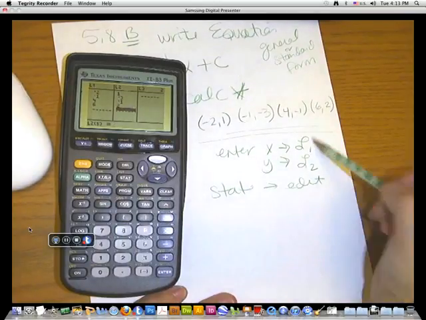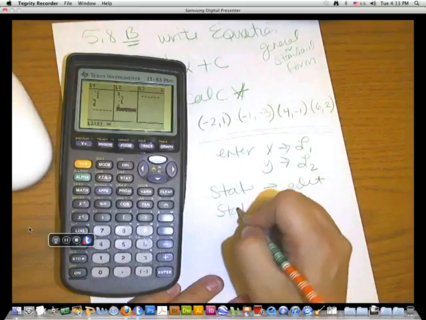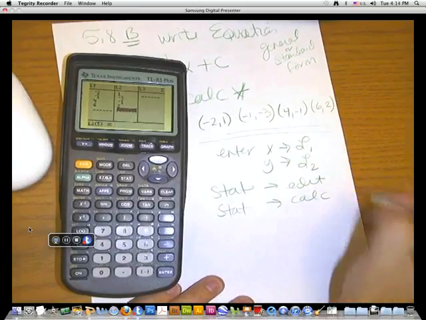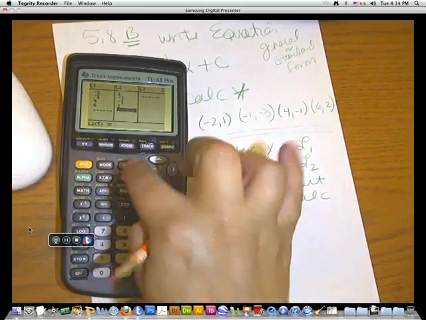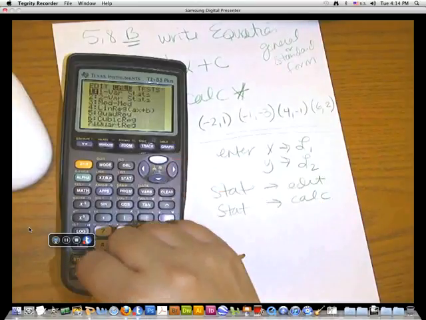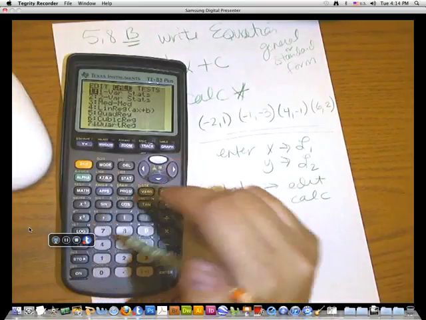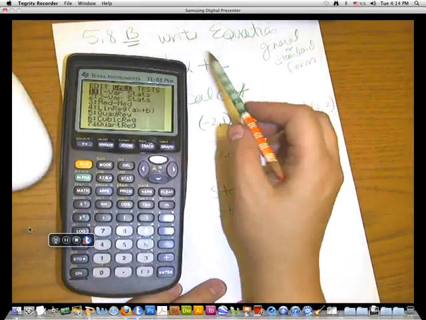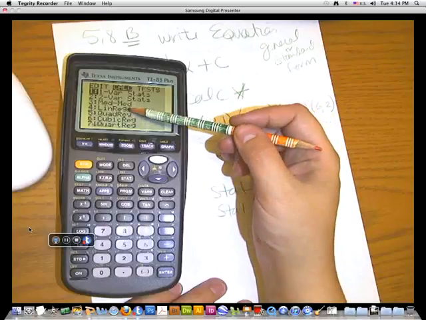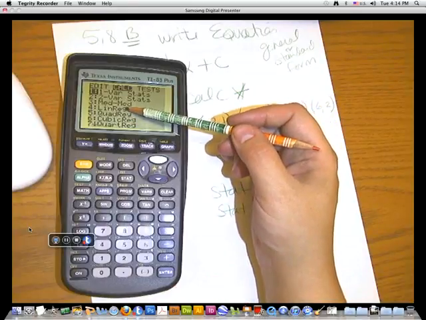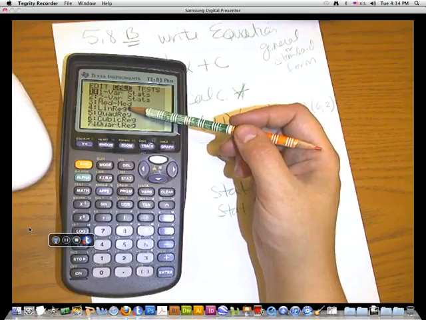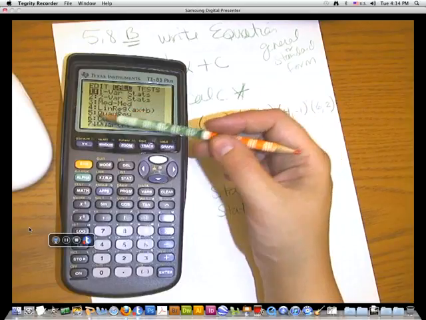Now that we've put in our data, we need to calculate our data, so stat calculate. And this time, the equation we're doing, it's not a linear line like option number 4 that we did with the last chapter. This time we're doing quadratics.